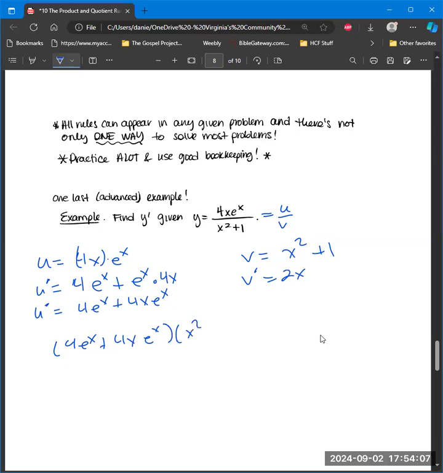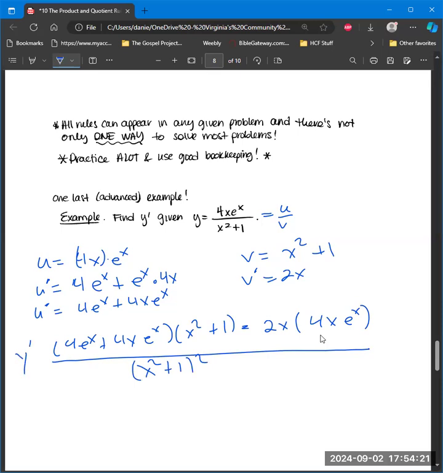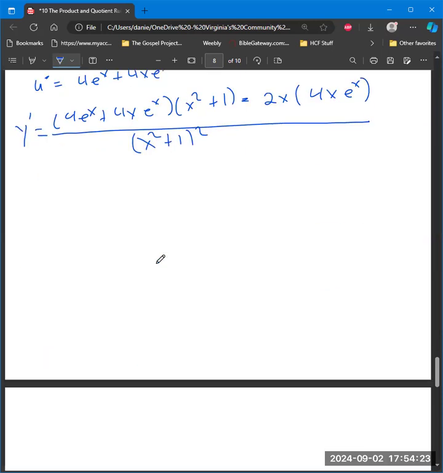times v minus v prime times u all over v squared, what y prime equals. So y prime is going to be equal to, let's factor out here.